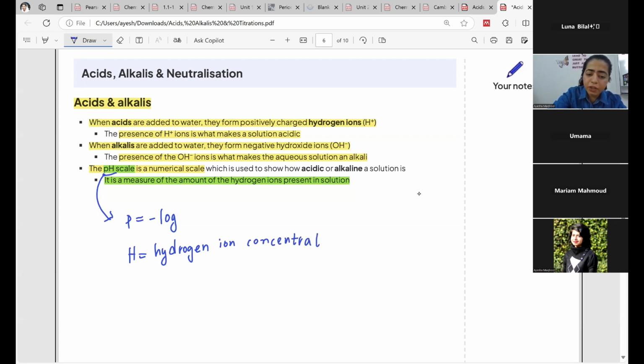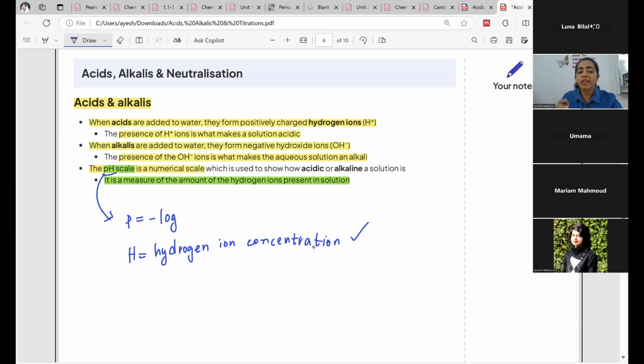So ignore P for now because it is not in your syllabus for now. You will do this later. So P is basically used for the negative log, H is for hydrogen ion concentration. It means pH is telling you how much hydrogen ion is present. Okay. The pH number is telling you how much hydrogen ion concentration is there.